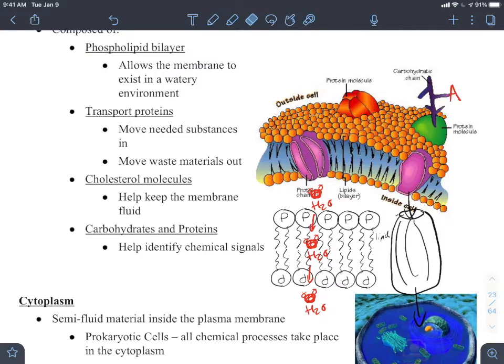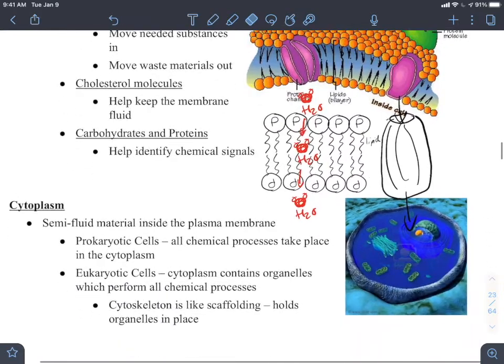If you instead put a B type carbohydrate, then that B will identify it as B type cells, etc. And then some cells even have A and B, and we call those the AB blood type. So that's where that comes from. So if you're ever interested in how come I have AB blood type, or why do I have A blood type but my parents have B blood type, all that's different is the carbohydrate on the outside of that cell. And that's why we call it an identifier.